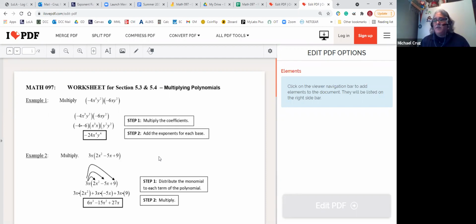So let's look at this process. All right, so we got negative 4x cubed y squared. That's all one term there. And we're going to multiply it times negative 6x y squared. So what we're going to do is we're going to multiply.